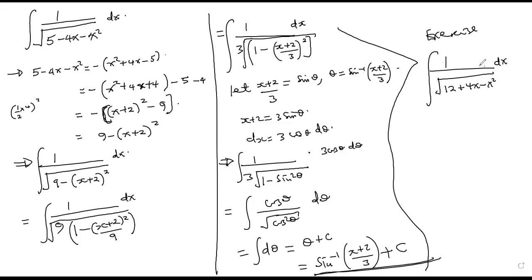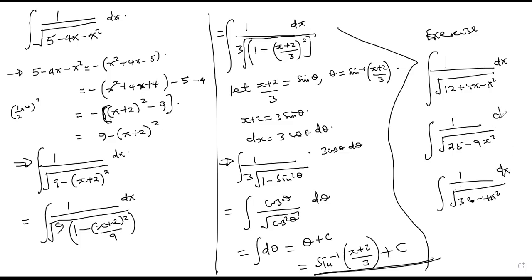You can also integrate 1 over root of 25 minus 9x squared. You can also find 1 over root of 36 minus 4x squared dx.